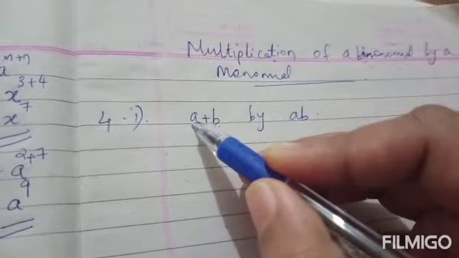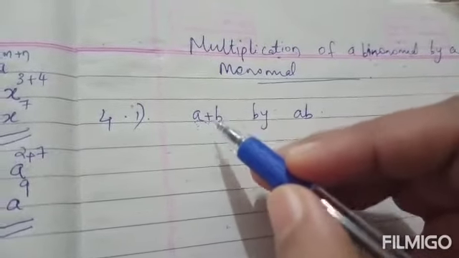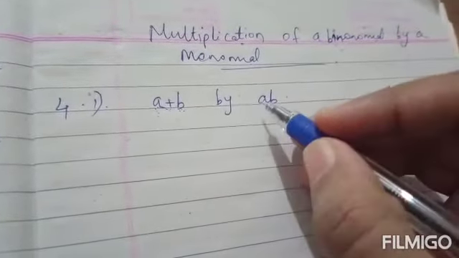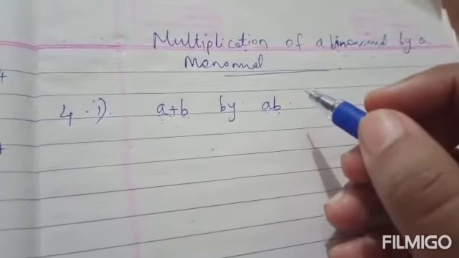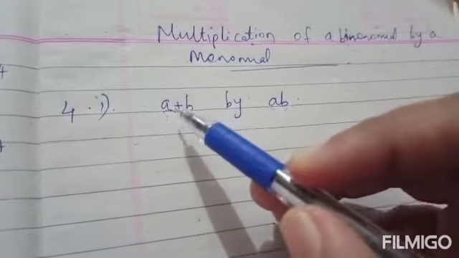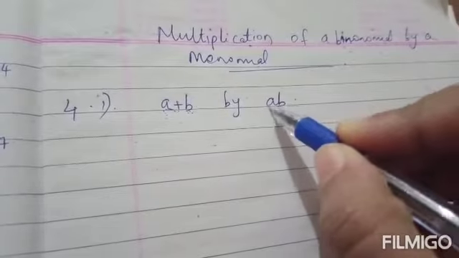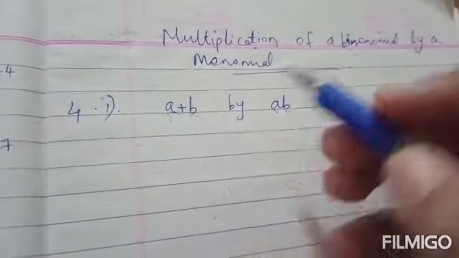So A is one term and B is another term, so A plus B, that is a binomial. And AB is a single term. AB means A into B. We know multiplication and division does not separate terms, only plus or minus sign will separate the term. So AB is a single term, one term, that is monomial. A plus B is binomial.